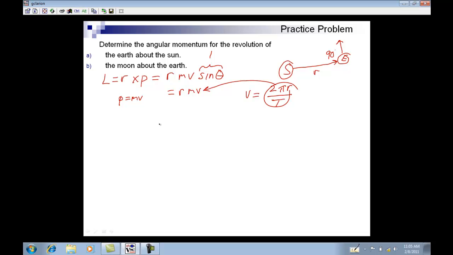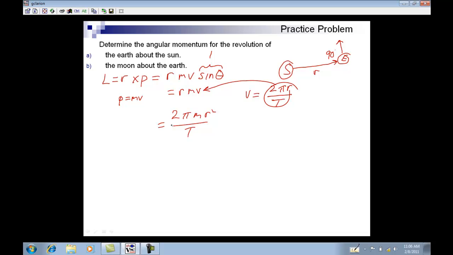I would end up with 2 pi m r squared over T. I better fix that, otherwise people will be asking what in the world that is. So 2 pi m r squared over T.